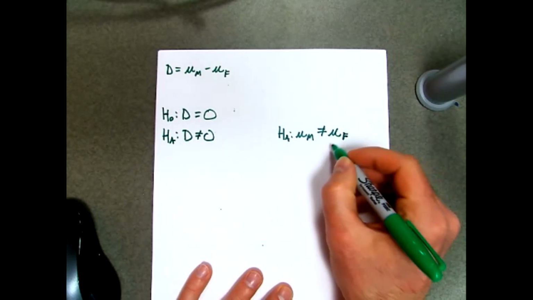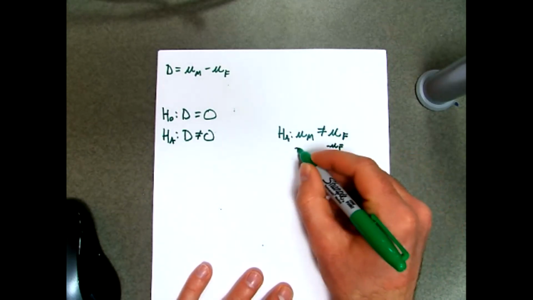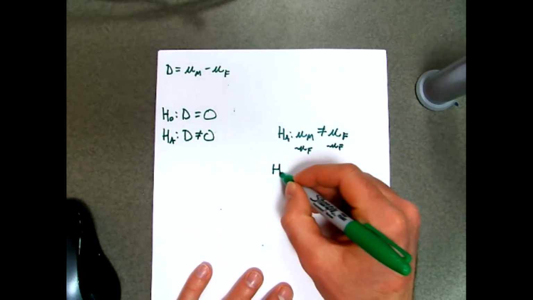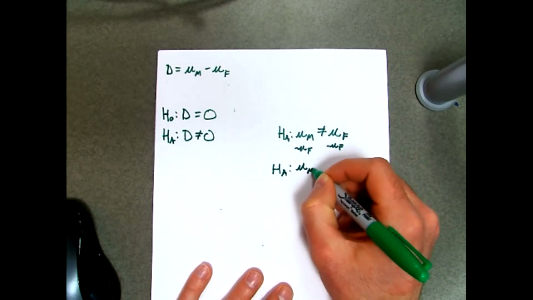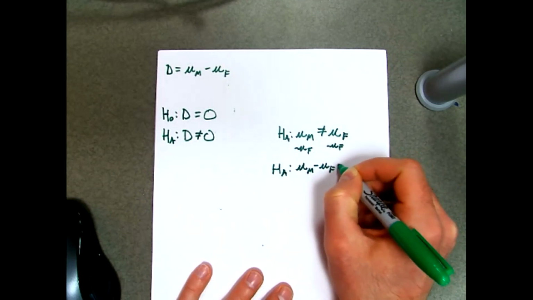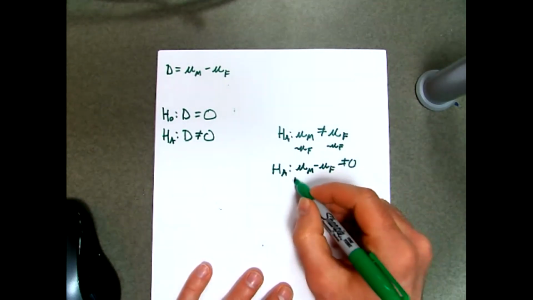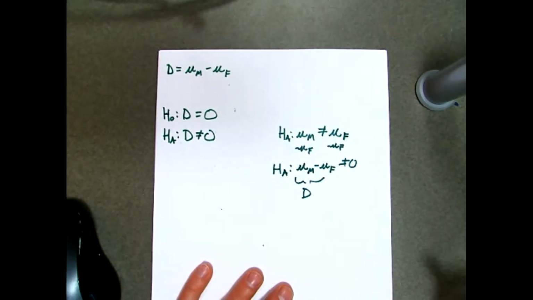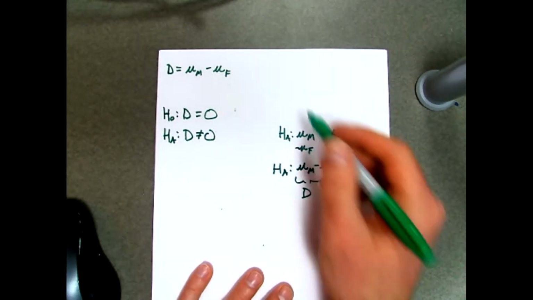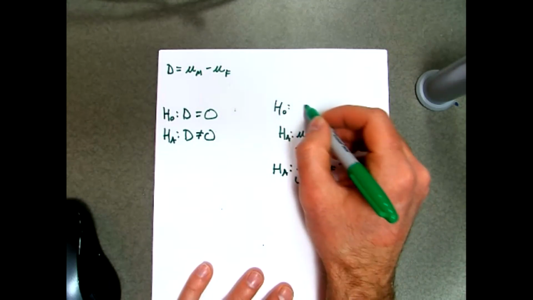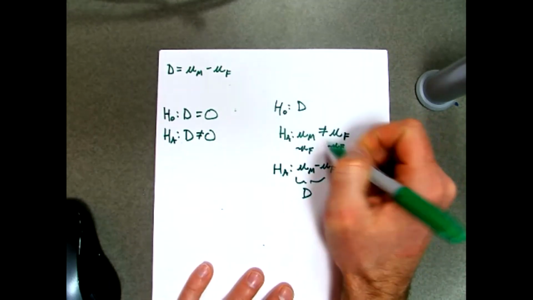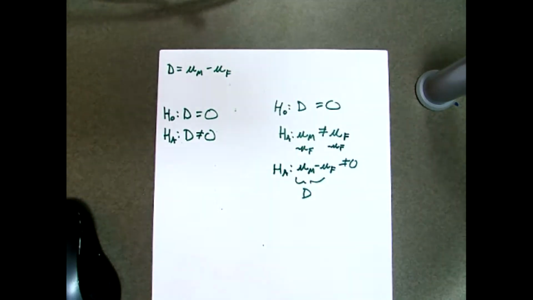I'm just going to subtract the female mean from both sides. Now my alternative hypothesis is here, where this represents that difference variable. And then I'll assume the opposite is true, which is that this difference is equal to 0. So either way, we get to the same place, but a slightly different way of thinking about it sometimes lines up with the way people think a little bit better.